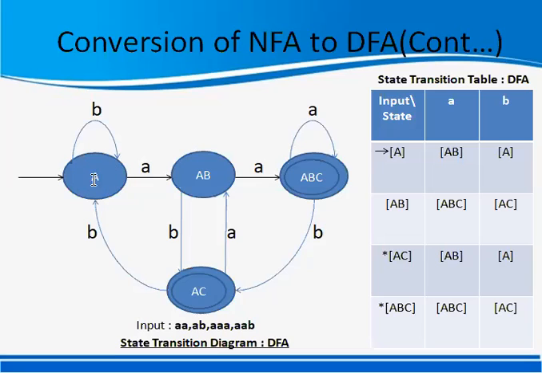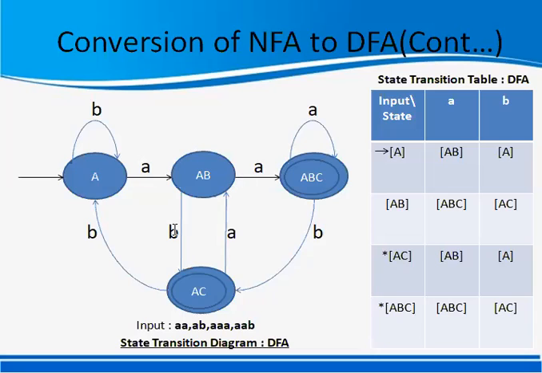Whenever we encounter the symbol small a, we will move to state AB, and considering it as the second last symbol, we will wait for the next symbol, and it can be either a or b.